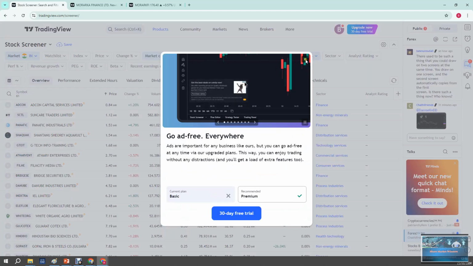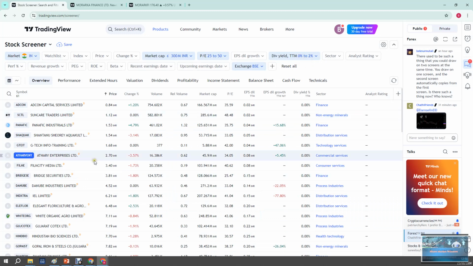We cannot rely on the fundamentals to a large extent because the price might have dropped a lot because of some issues with the company, a lot of risks involved in it. But we need to understand what that company does and whether it has potential by doing further detailed analysis of that company. Okay, that is how you can use TradingView.